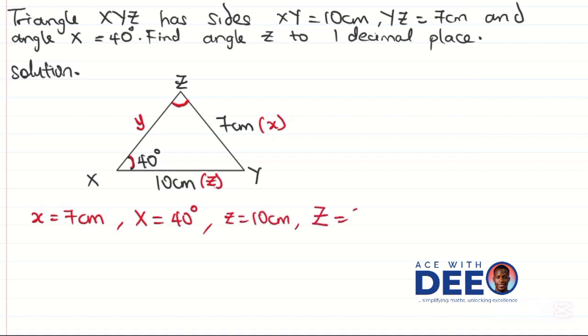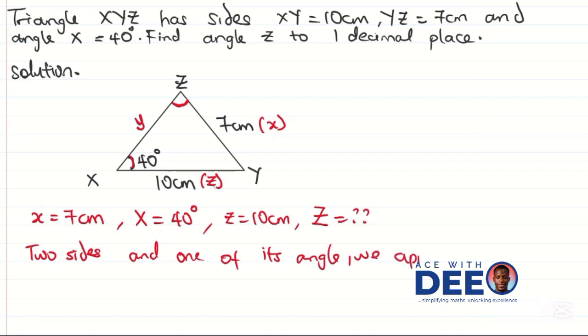They want to calculate angle Z. Anytime we are given two sides of a triangle and one of its angles, we apply the sine rule. We are given side x and angle x, one side and one of its angles. Then we're also given side z. So we want to apply the sine rule.